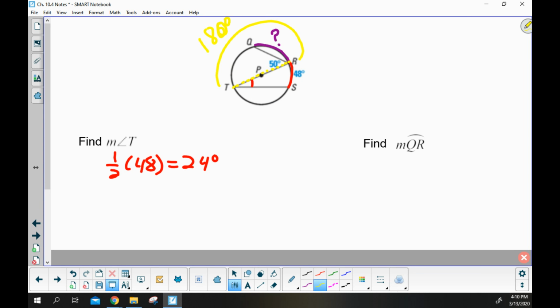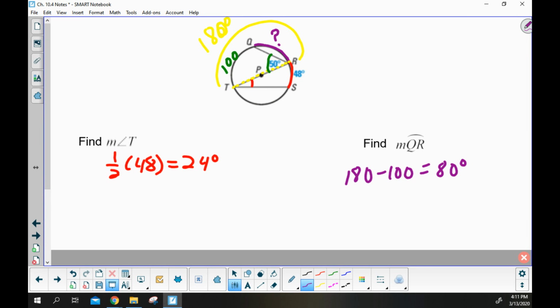So we have 180 degrees, and we need to find what QR is, but we don't know anything about that. But we do know that angle QRT here is 50 degrees, which means that QT has to be 100. And as you guess now, we can just subtract 100 from 180 and get my answer. So 180 minus 100, and that gives us 80 degrees. So we see that QR equals 80 degrees.